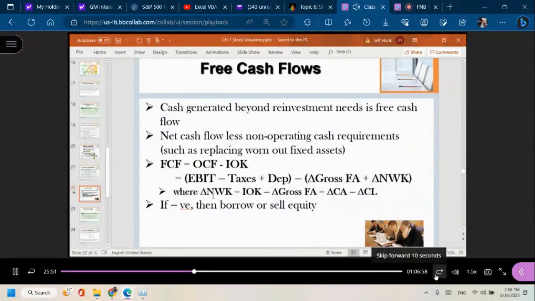But how is it different from operating cash flow? It is different by as much as this: minus taxes plus depreciation. First of all, not all of the EBIT is cash flow to you. Why? Because taxes you can't touch. That's something you owe the government, so you can't touch it.